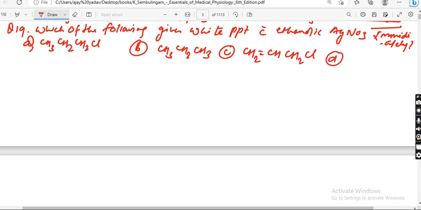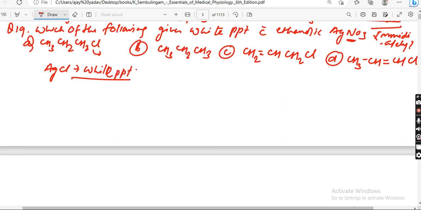And option D is CH3CH=CHCl. If chlorine is removed, look over here, this gives AgCl as white ppt.